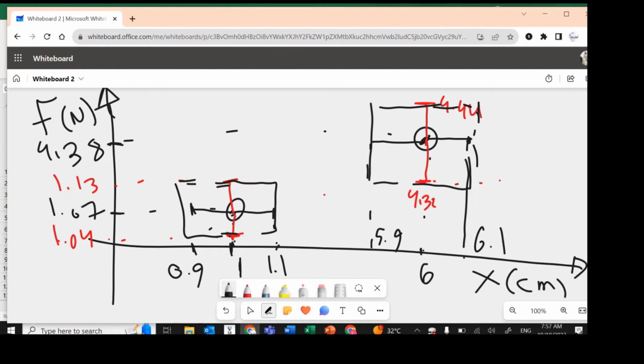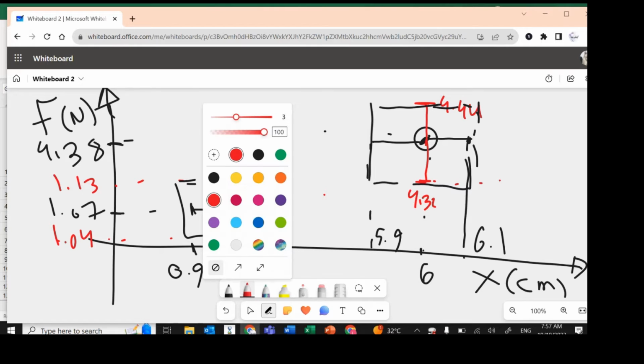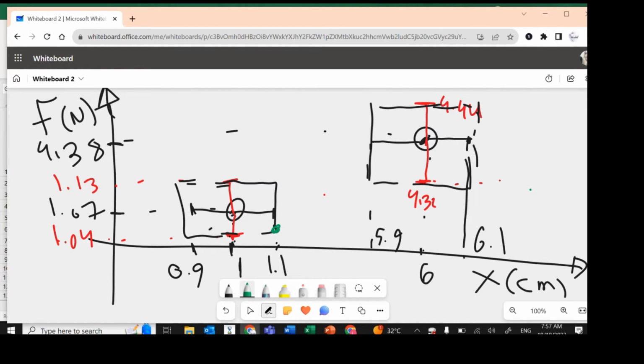So for the maximum line, always join the bottom right corner, this point here, with the left-hand corner, with this point. So this will be our maximum slope.